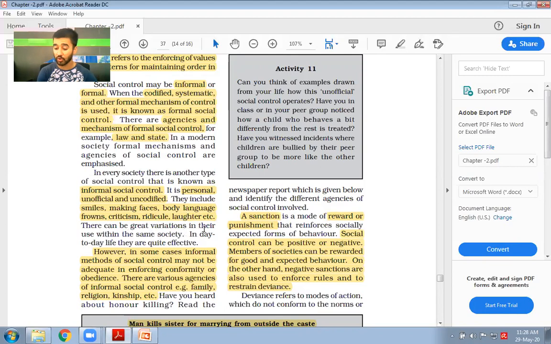Now there are certain things that you need to understand here. We are doing the informal social control. I can give you a simple example.